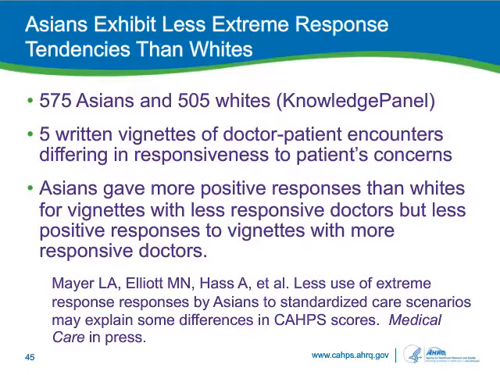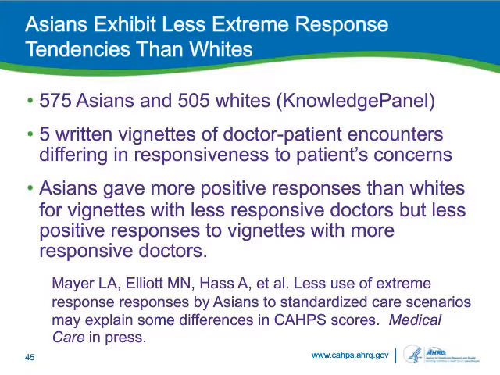So one of the problems when you're looking at real-world data is you don't know if the experiences are really different or not. So in this case, we described vignettes to everyone, same vignette, and we wanted to see then if we saw differences in the way they used the response scale. So we found that Asians were less likely to use the extremes of the response scale. So that meant they gave more positive responses for vignettes that depicted doctors who were less responsive to patients' concerns.